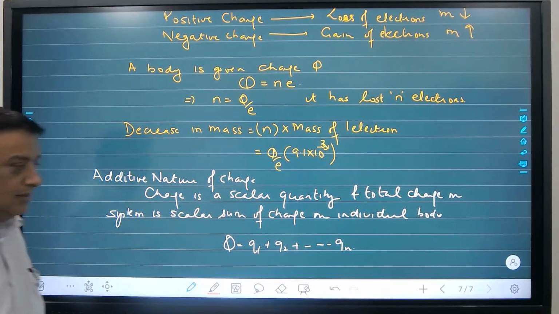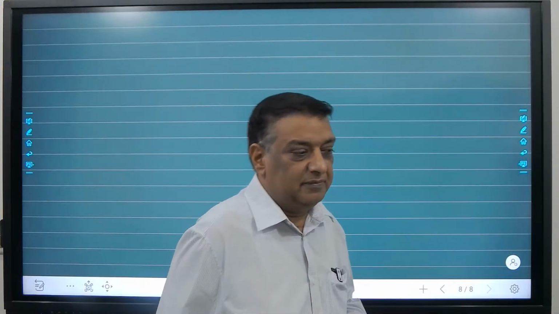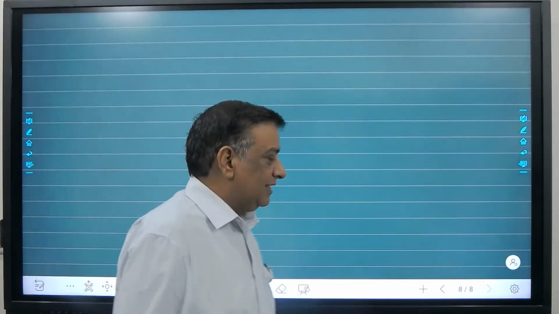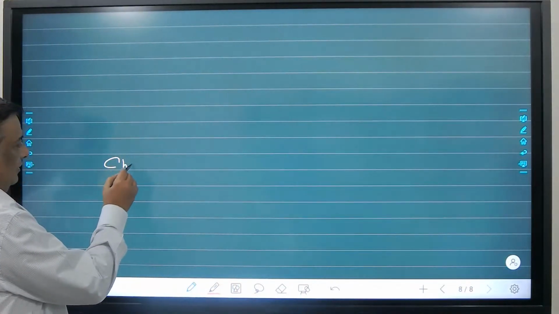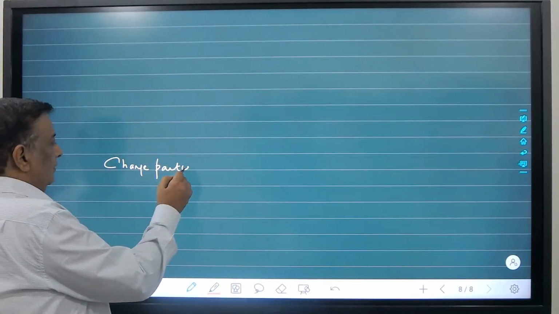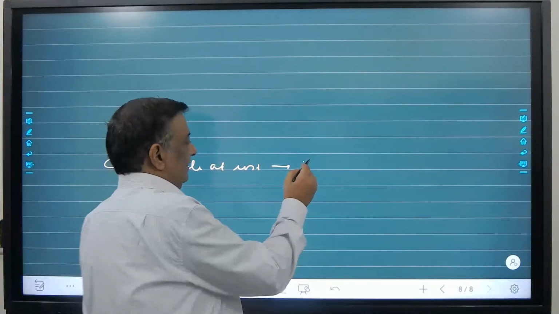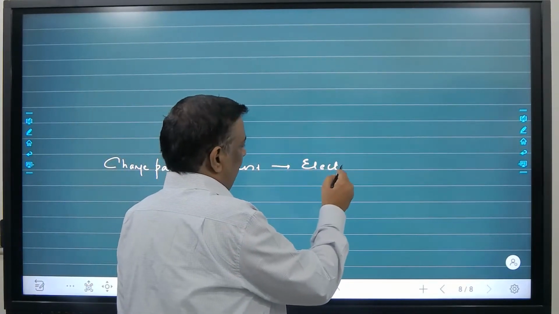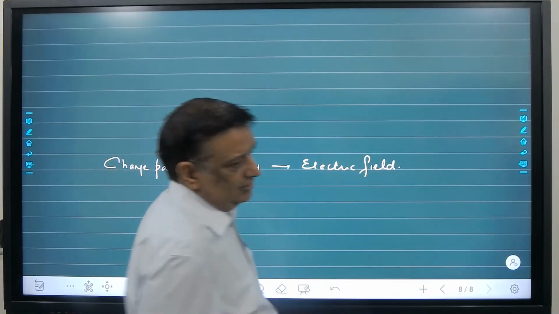Now there's another thing you have to take care of: how the charges create field. There are three cases. A charged particle at rest creates an electric field. It can be uniform or non-uniform, depending on what sort of charge distribution is there.